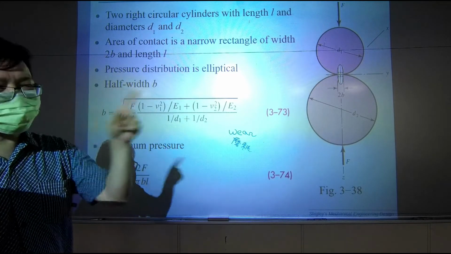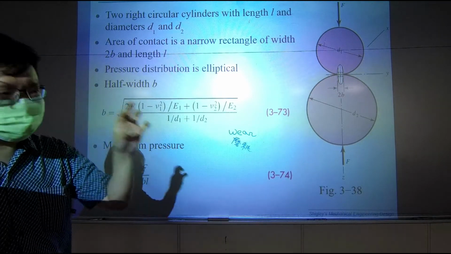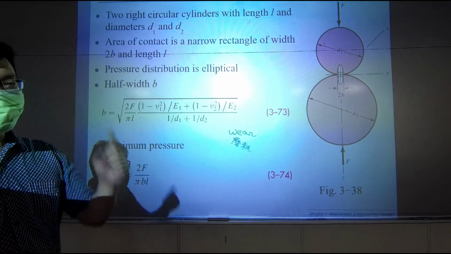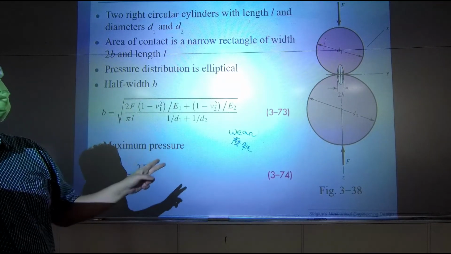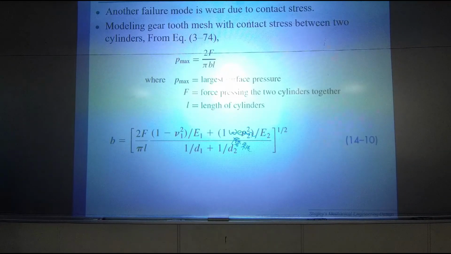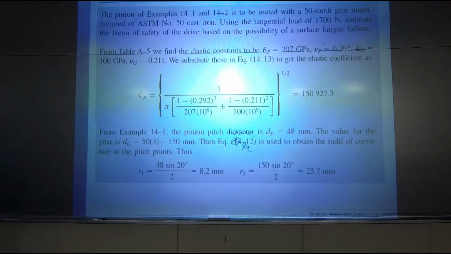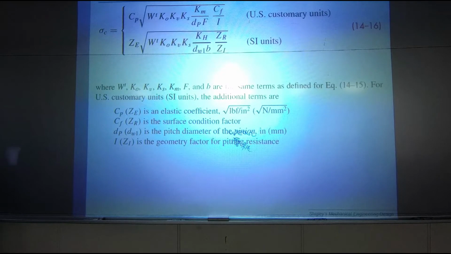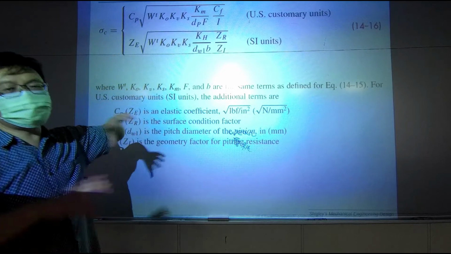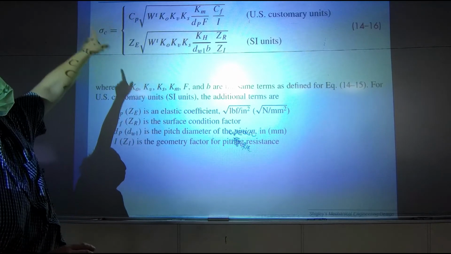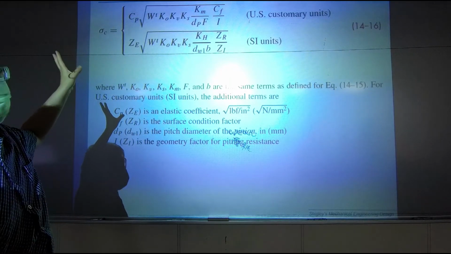So for the stress analysis inside the teeth, two kinds of stress need to be analyzed. One is the bending stress, the other one is the contact stress. Let me show you the final equation. This is for bending stress. This is for contact stress. Then you will realize, how come there is a square root right there? How come it looks different?